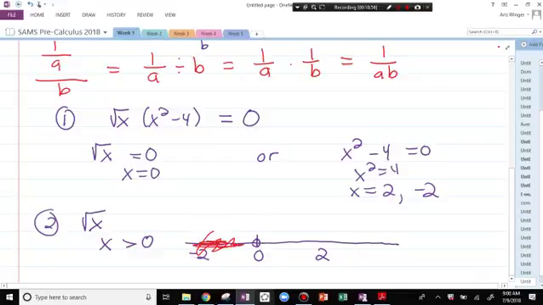I want all of this, do not include that, and then everything else. I want all the numbers between 0 and 2, along with all the numbers bigger than 2. That's the domain: 0 to 2, union 2 to infinity.